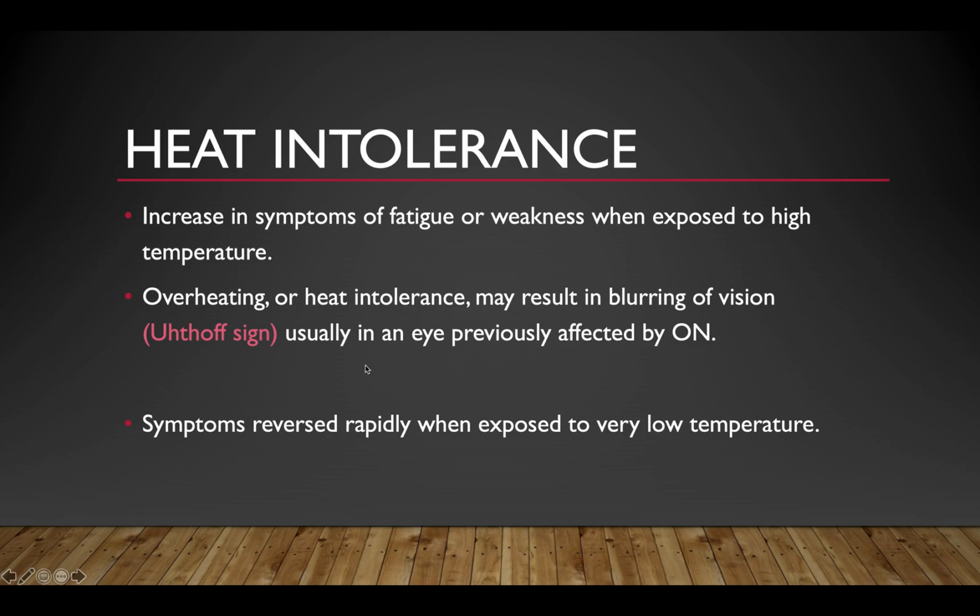It is usually in an eye previously affected by optic neuritis, and the symptoms reverse rapidly when exposed to very low temperature. So when we expose the body to very low temperature, the symptoms are reversed, which is the blurring vision.